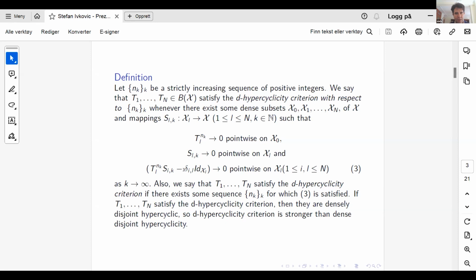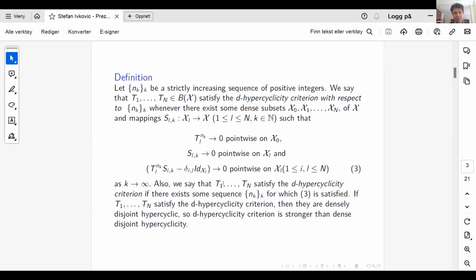And here delta_{il} simply means that it is 0 when i is distinct from l and 1 when i is equal to l. In our situation, we will actually deal with invertible mappings, so this S_{l,k} will simply be the inverses. But this is a general statement of the D-hypercyclicity criterion.